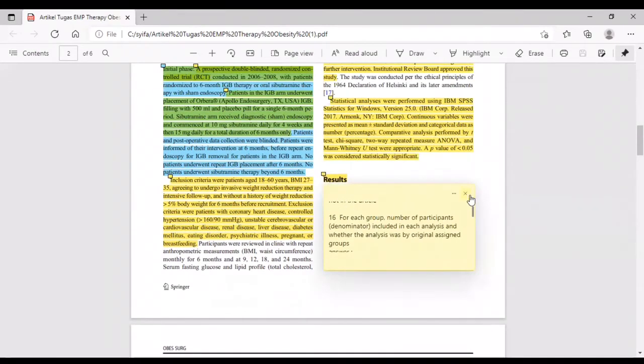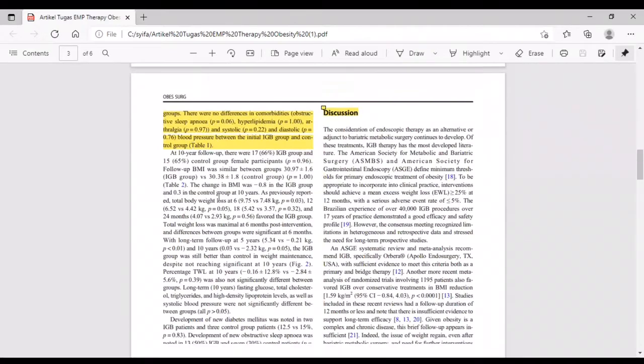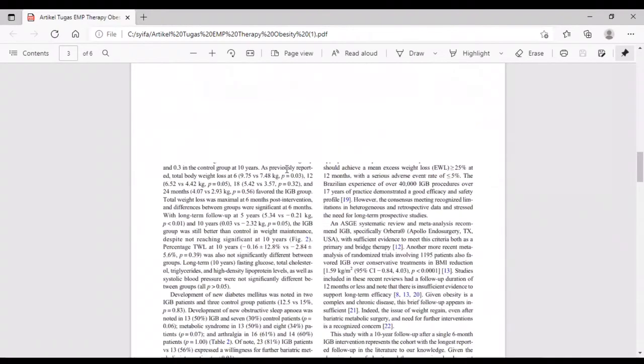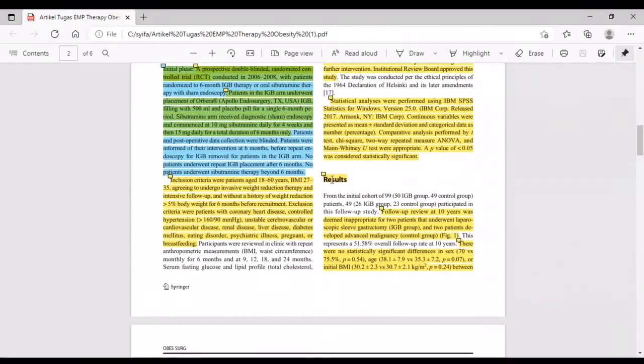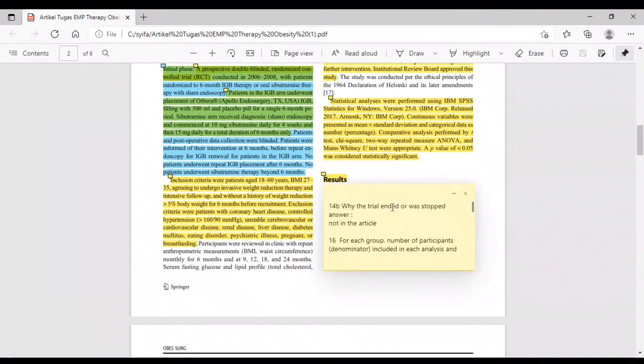Next is checklist number 14B. The checklist is on the result of recruitment, defining the period of recruitment and follow-up. But this article doesn't include this checklist.